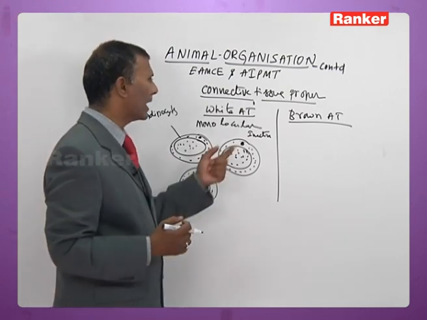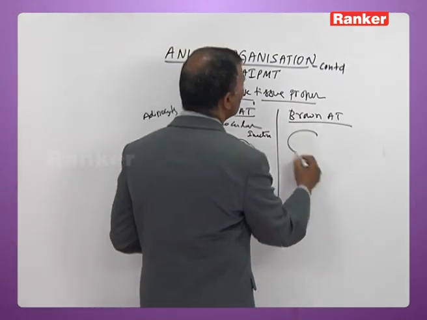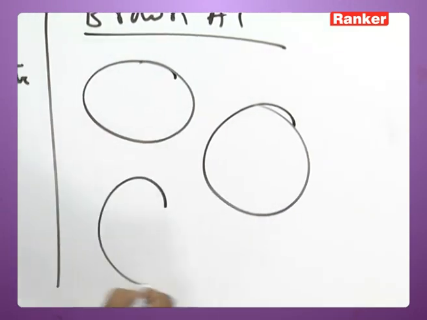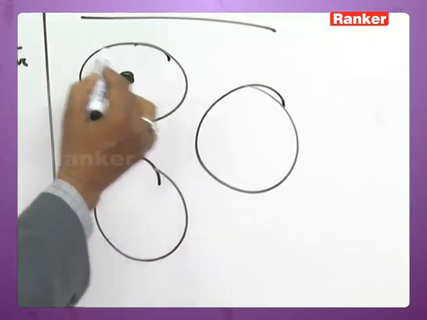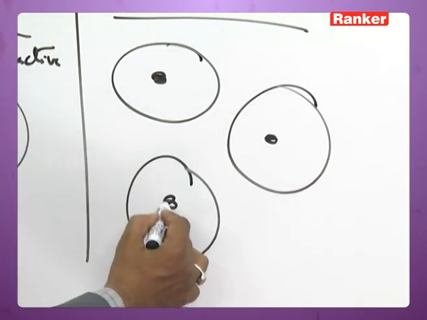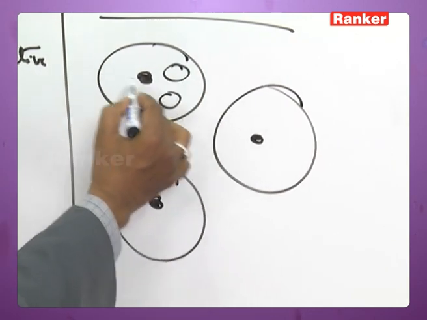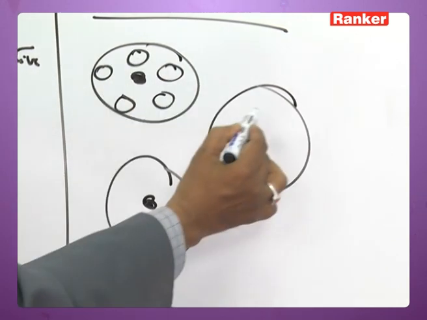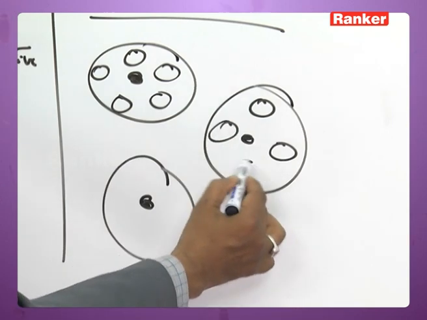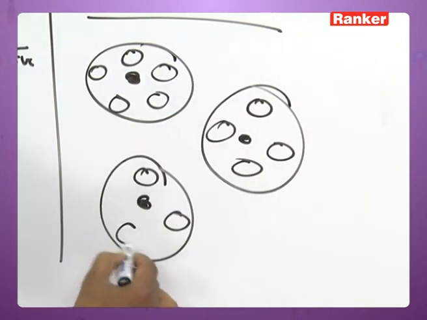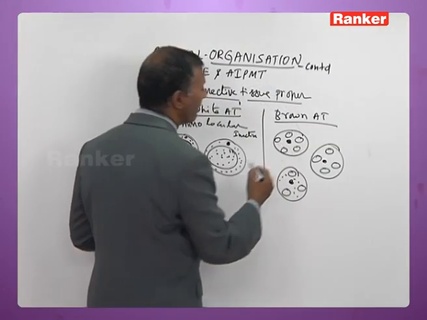Whereas in brown adipose tissue, the nucleus of the adipocyte is at the center, there are several large vacuoles like this, and the cytoplasm is evenly distributed.